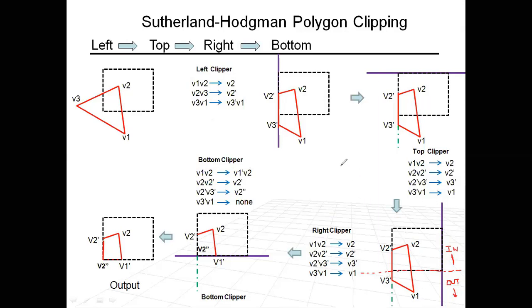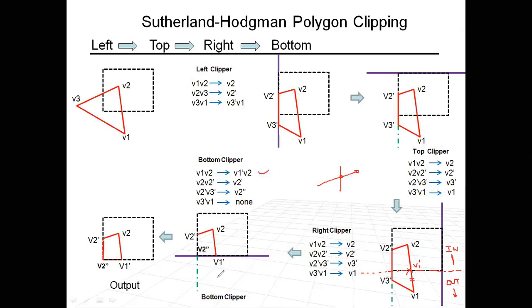When we are moving from out to in, then we save the intersection and we save the second point. So we are moving from V1 to V2, V1 dash will be saved and V2 will be saved, and this line will be clipped.